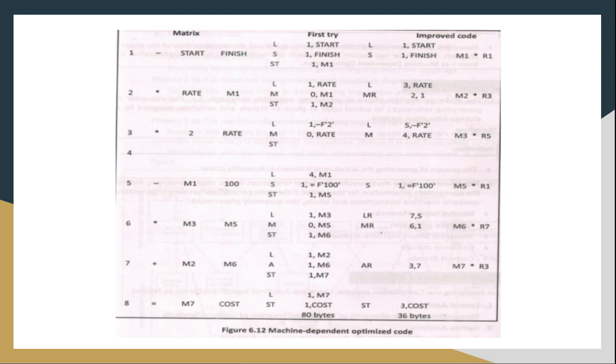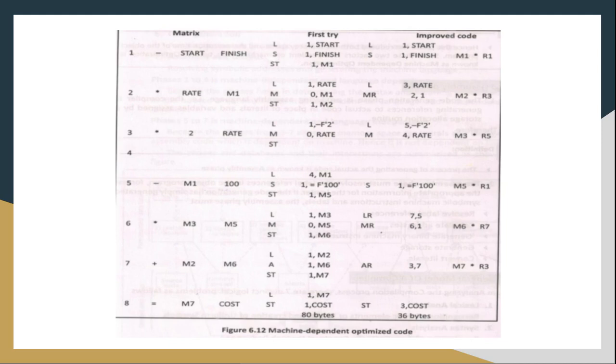So here the first one is the subtraction. The corresponding object code will be L1 comma operand 1, S1 comma operand 2, ST1 comma target operand, M and N. So for start minus finish, we will generate the object code as: load the value of start into register 1, then subtract the value of finish from the content of register 1.